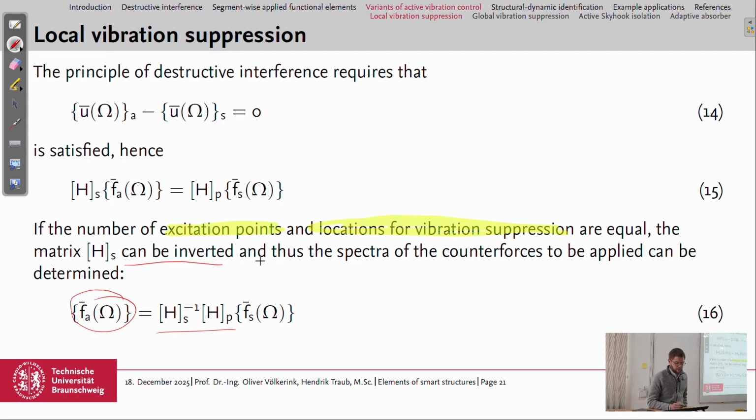So if we want to calm down, for example, 3 points in the structure, then we need at least 3 actuators to be able to invert the matrix.